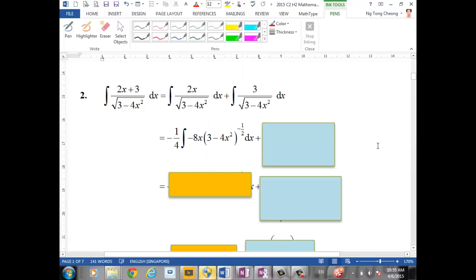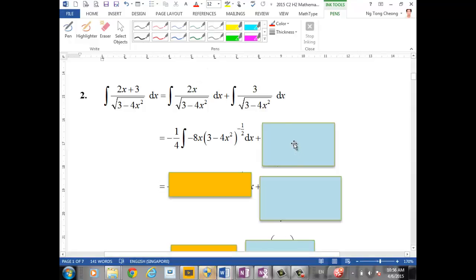So we rewrite it as a product, and then you realize that if you differentiate 3 minus 4x squared, you get minus 8x. So you just have to compensate with this constant here, so that ultimately you get your 2x here.